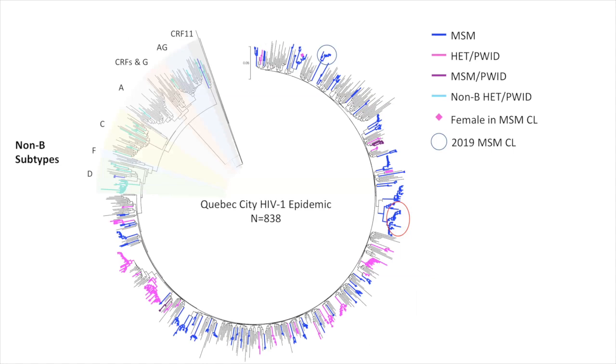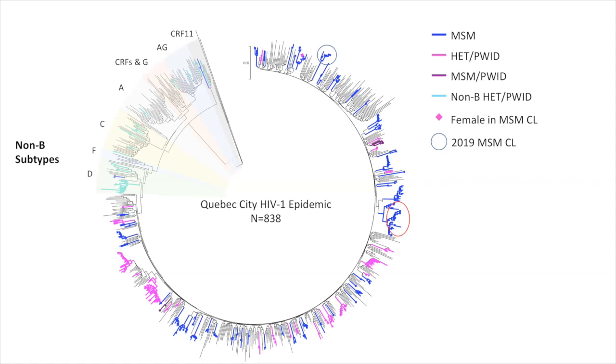If we look at the demographics, one can study independent epidemics in individual cities and monitor the spread. And this is Quebec City, which has fewer epidemics than Montreal. We can depict that in Quebec City, beyond having men who have sex with men epidemics, we also have heterosexual epidemics spreading.